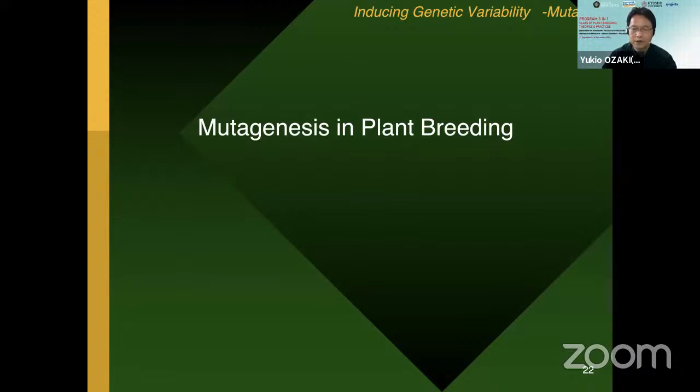The newly created mutants may be used as parents in future breeding programs, in which case mutagenesis is a breeding technique as a source of variation. However, an induced mutant can be systematically processed through conventional breeding steps to be released as a cultivar, hence making it a breeding method.